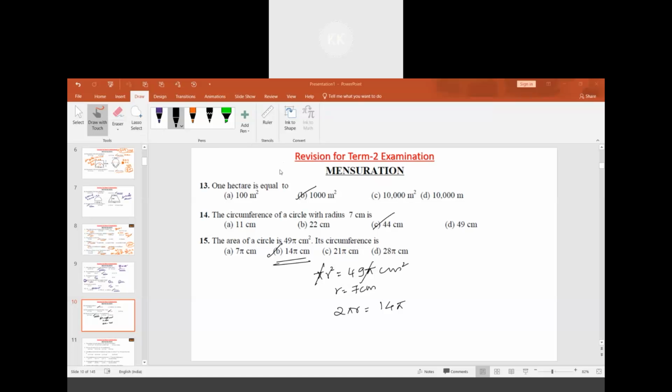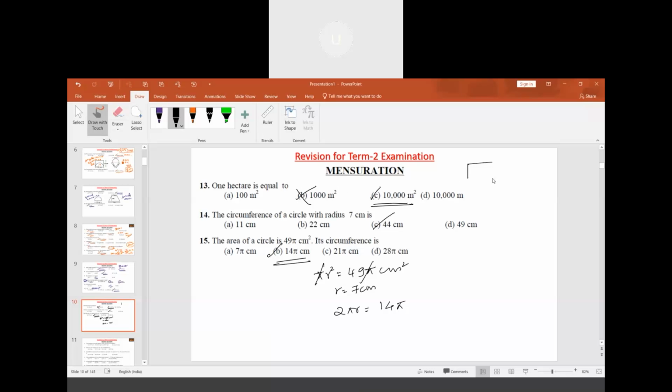It means that it's an area of a square in which 100 meter is there on each side. 1 hectare is 100 meter into 100 meter, which is 10,000 meter square.